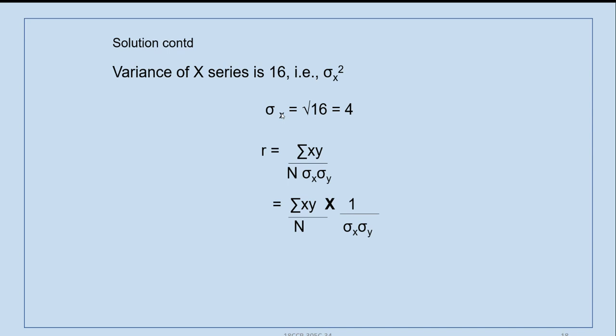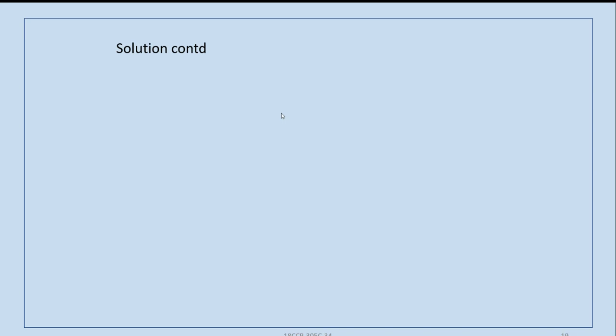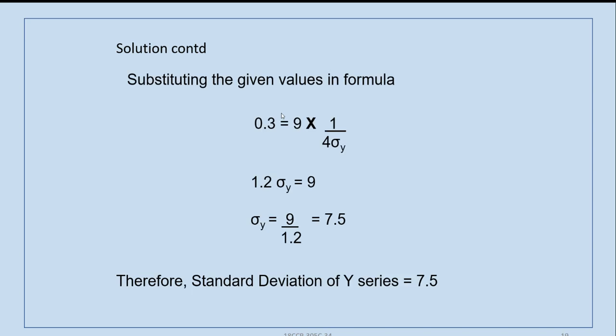R is equal to sigma xy by n into standard deviation of x, standard deviation of y, that is sigma xy by n into 1 by standard deviation of x and standard deviation of y. So substituting the values, correlation is already given, 0.3 is equal to 9 into 1 by 4 standard deviation of y, because standard deviation of y is not given.